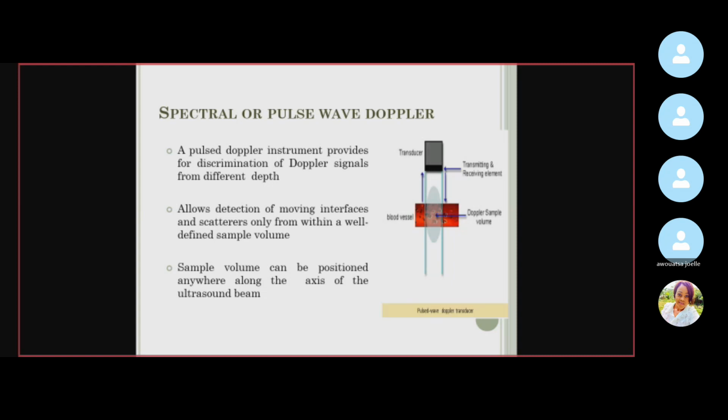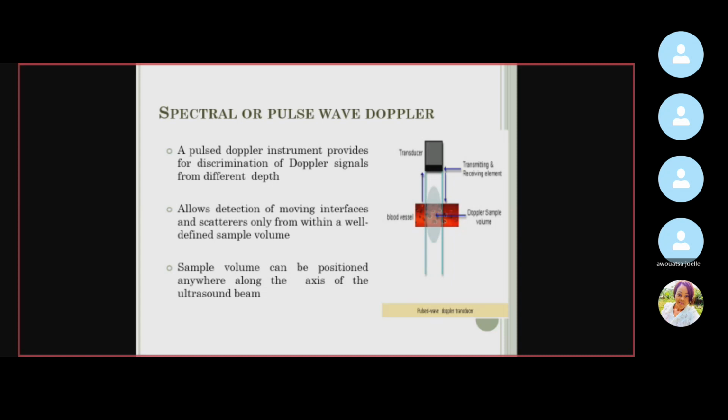It allows the detection of moving interfaces and scatterers only from within a well-defined sample volume. In this picture, you can see the beam is coming from that rectangle only, so we won't get information outside that. In that area only, we get the Doppler signal.